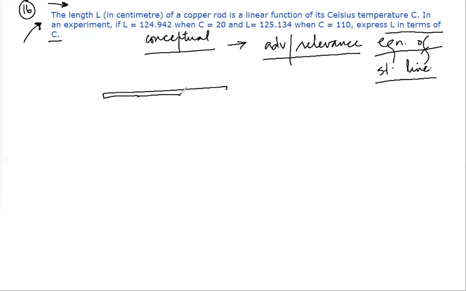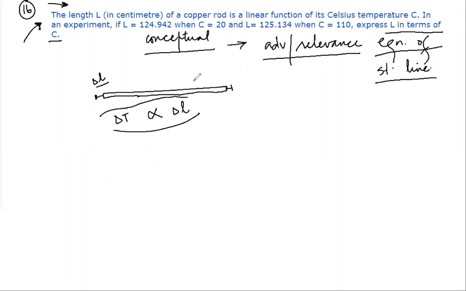When he heats it, because of the elongation and the movement of the atoms inside it, the length increases by delta L as the temperature increases by delta T. If the temperature further increases, the length also further increases. So delta L is proportional to delta T. This is known as a linear function.